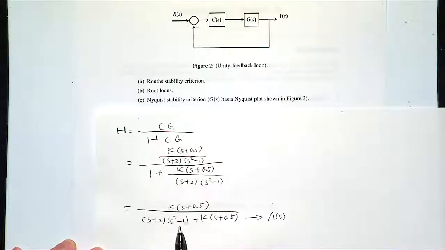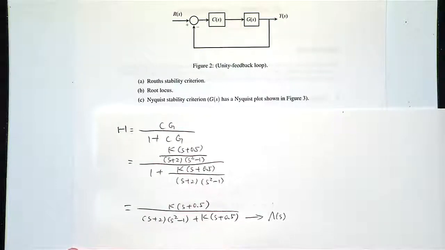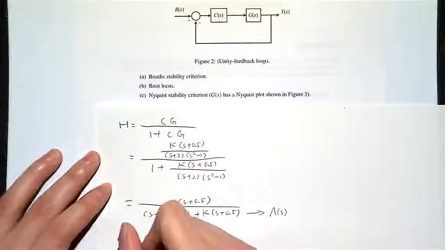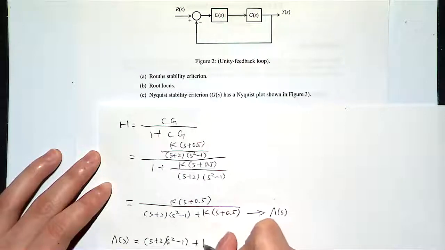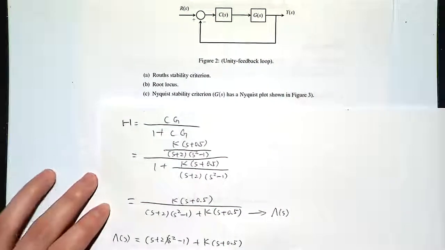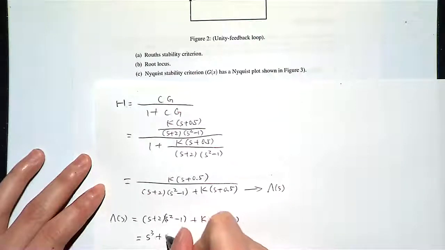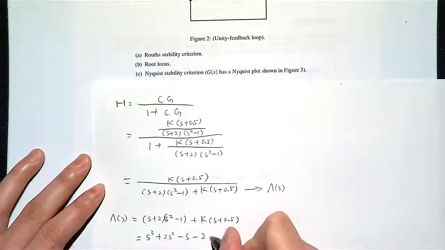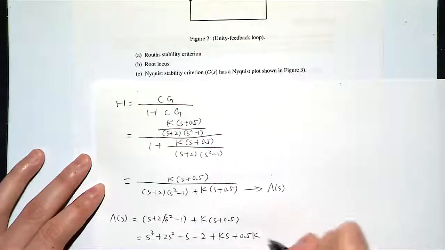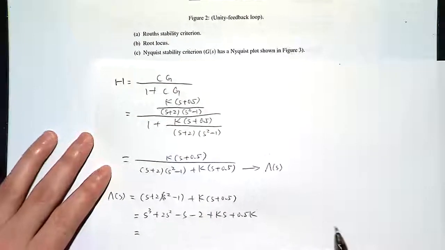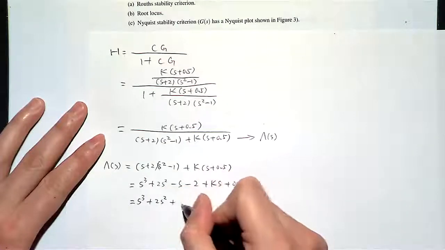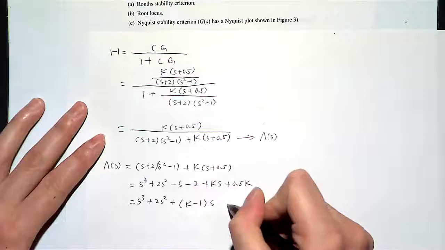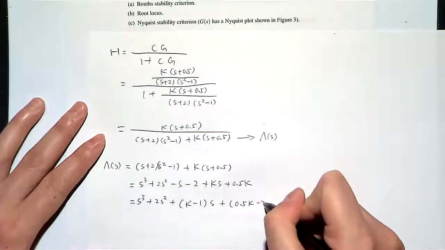Because that captures the location of your poles for your closed loop system, right? So you can write it down. And you open it up. Then you can organize the terms. Right?